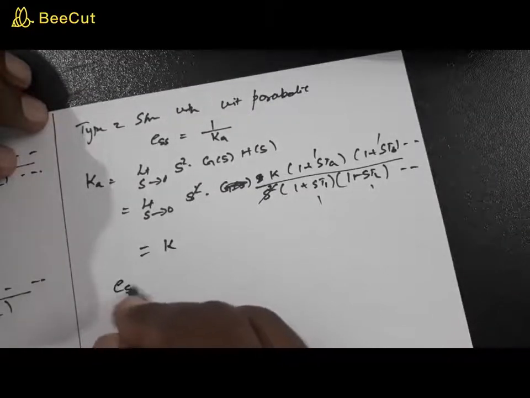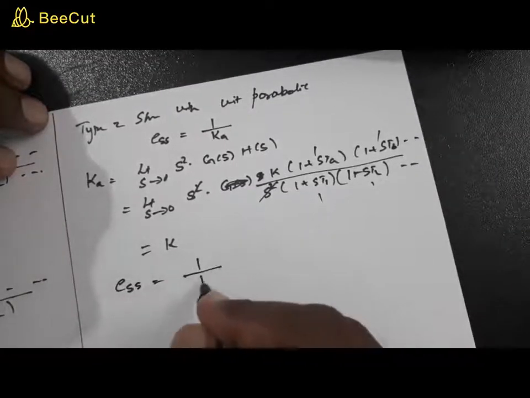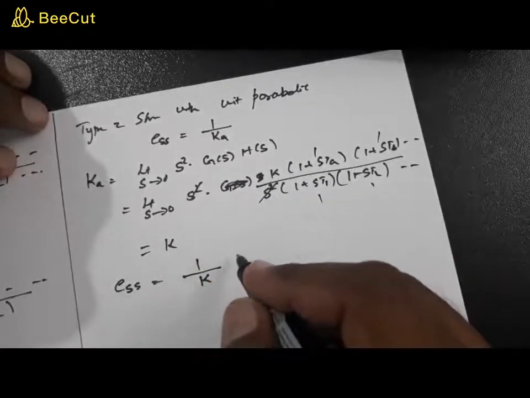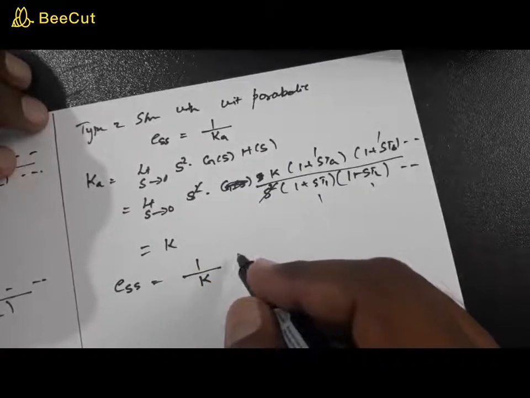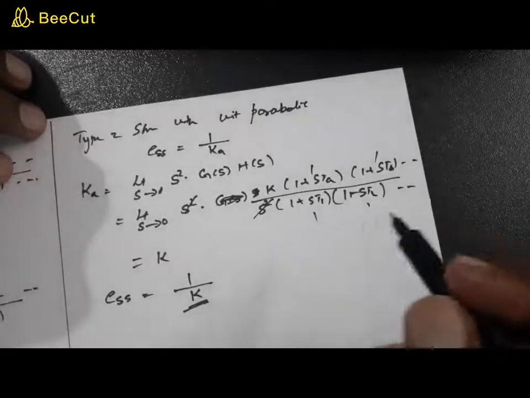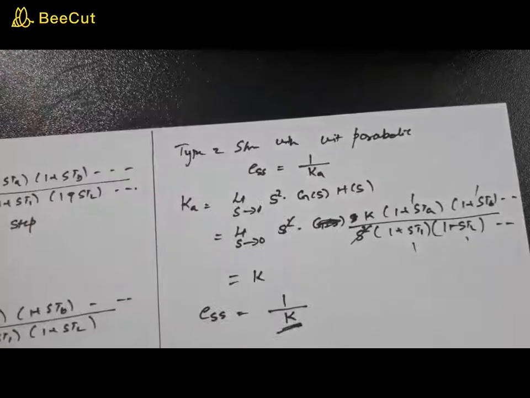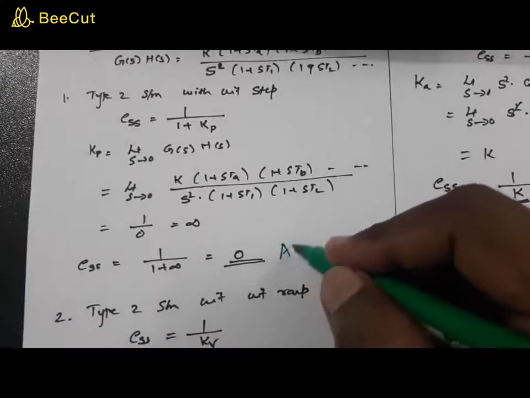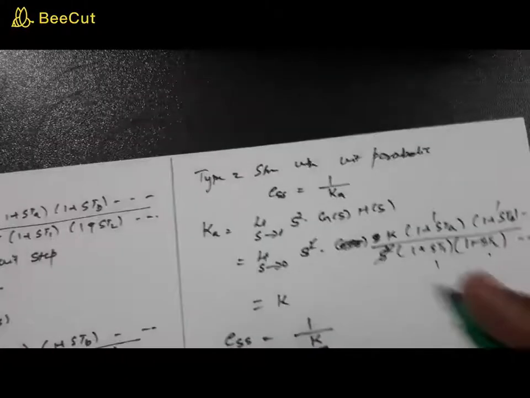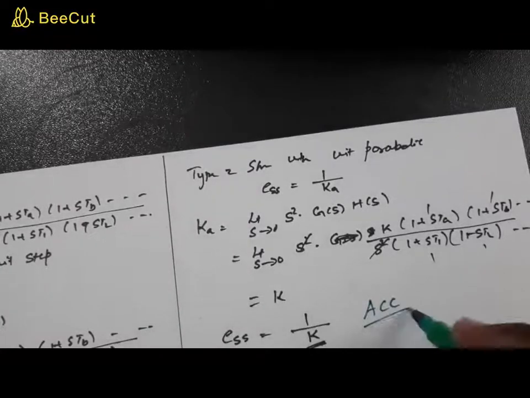The steady state error will be equal to 1/K, which is a finite steady state error that can be minimized by suitably selecting K. So this is also acceptable. From this discussion, we have seen that for a type 2 system, the unit step is acceptable, the unit ramp is acceptable, and the unit parabolic is also acceptable.